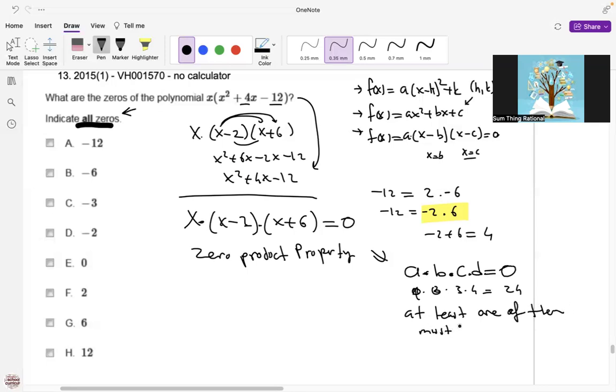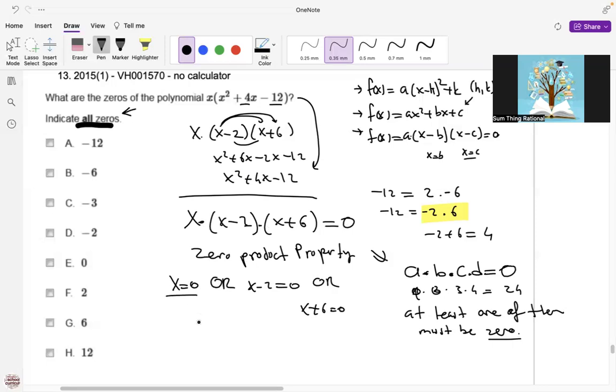This is the zero product property, which means if x times (x minus 2) times (x plus 6) is 0, either x is 0, or x minus 2 is 0, or x plus 6 is 0.